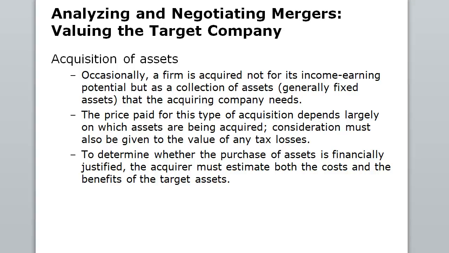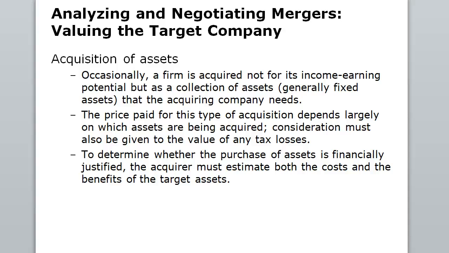The price being paid depends largely on the value of those assets being acquired, and any tax losses that the company could provide must also be considered. It could be a company that's failing and has a lot of losses, yet has some machinery, equipment, or land that's valuable. The acquisition could just be to acquire that land, tax loss, and equipment.